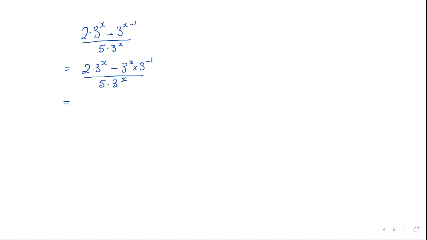Now 3^x is common once more in this term and that term. Don't forget that on top we have 2 terms there. So 3^x goes out. We remain with 2 minus 1 over 3. And then we also have 3^x multiplied by 5.